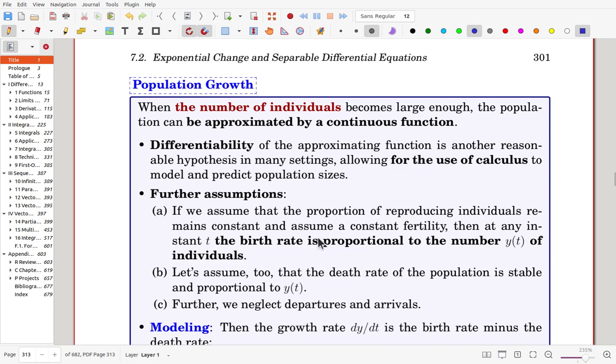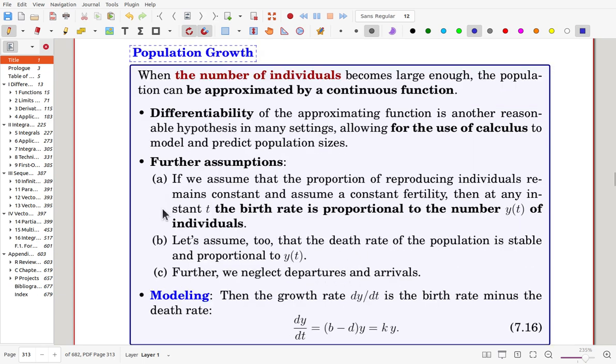For modeling, we need some assumptions. The proportion of reproducing individuals remains constant, and we also assume a constant fertility. Then, at any time t, the birth rate is proportional to the number of individuals.